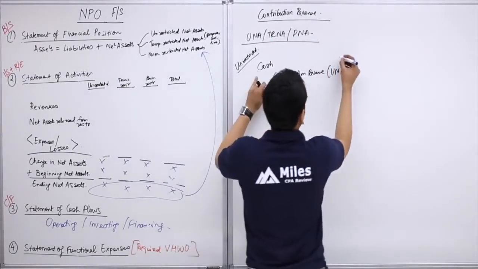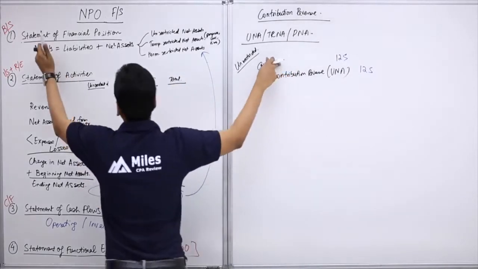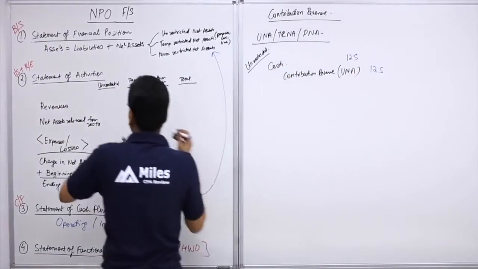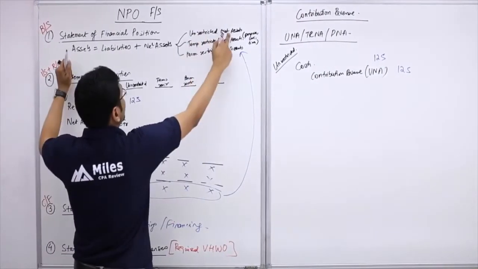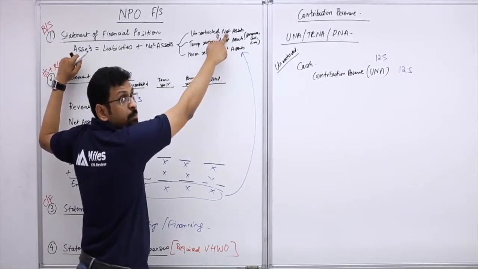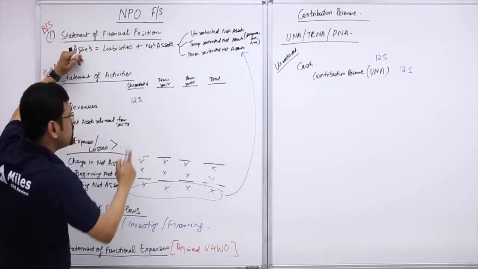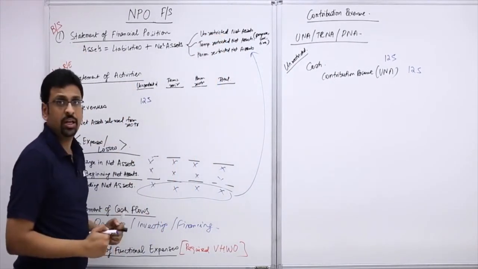So this is $125 coming in here. This cash goes onto the statement of financial position. Contribution revenue unrestricted comes to this column and flows on to unrestricted net assets on the statement of financial position.